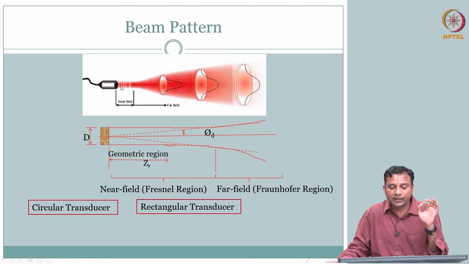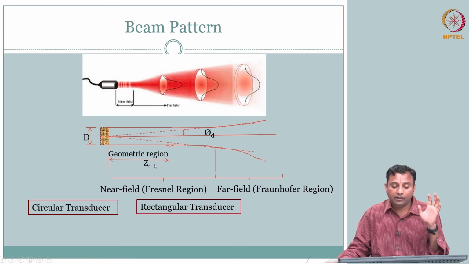You can see there is a lot of fluctuation in the near field, but it is not wider than your transducer width, whereas when you go far field, far away from the transducer, the intensity is smoother, right? It is more near the center. As you go away from the center, the intensity of the pressure is reducing, but it becomes a wider region.